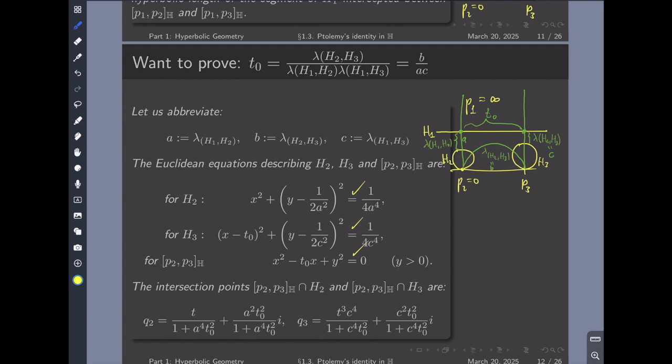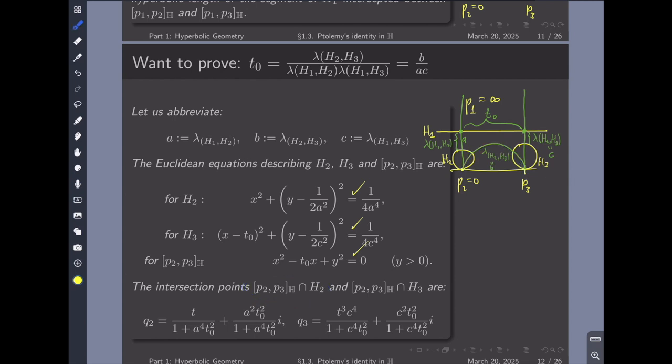Now it's the intersection points, and there are even formulae for the intersection points of two circles in terms of their centers and radii. The idea is to use those formulae, for example, for this one with H2, which would be the intersection of this one with H2. So this one would be Q2.